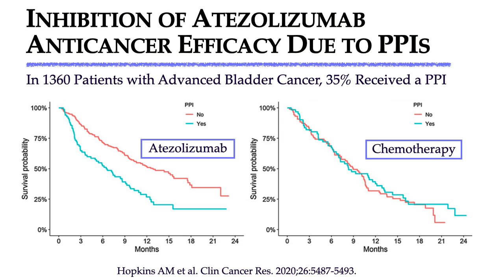In red are people with advanced bladder cancer who got atezolizumab without PPIs, and you see that their survival is considerably better than in whatever color that is, teal, I'll call it teal, who got atezolizumab with PPIs. So there's a lot of months and actually years, even if you add it all up, of people who survived because they were not on a PPI.